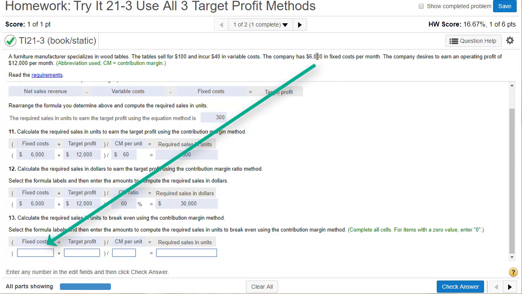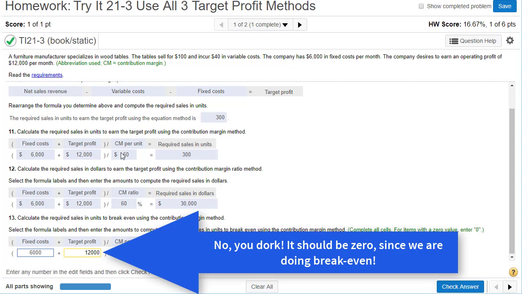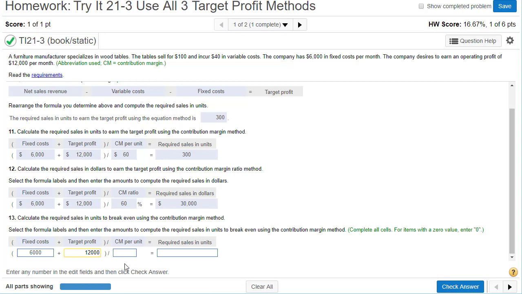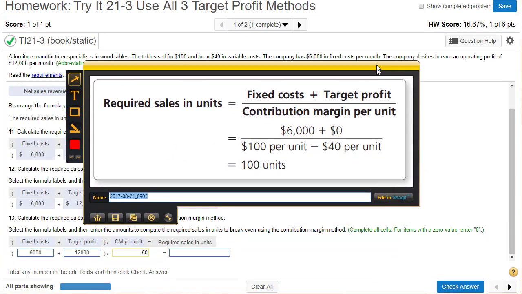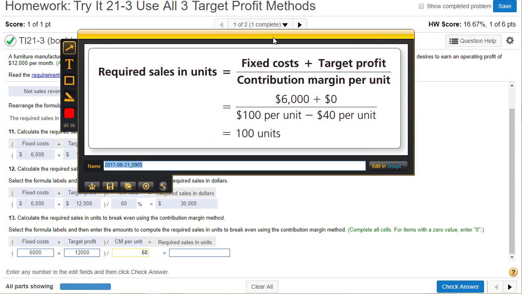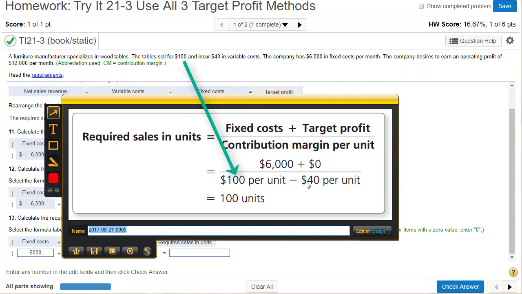So fixed costs are 6,000. Target profit is 12,000. Contribution margin per unit we've already calculated, which is $60. And if you forgot how we calculated the contribution margin per unit, it's right here, $100 per unit, which is the sales price, minus the variable cost of $40 per unit.